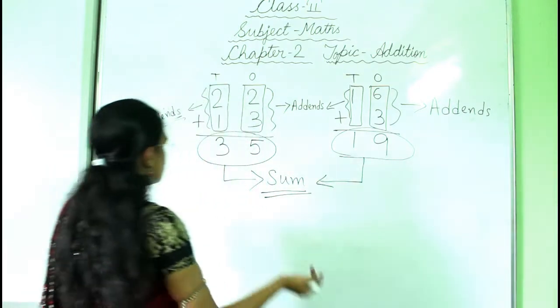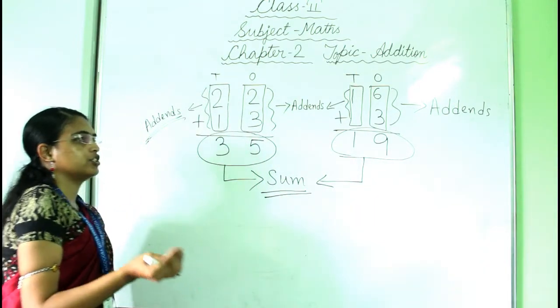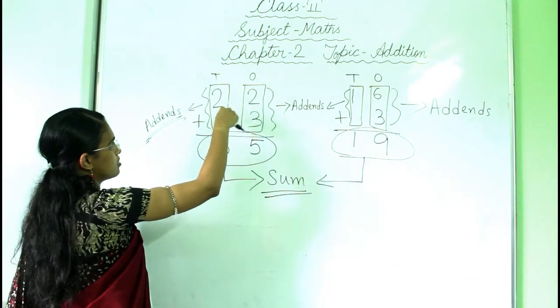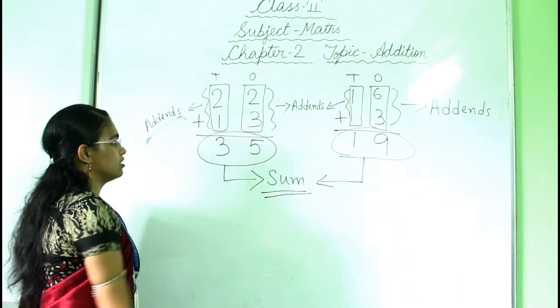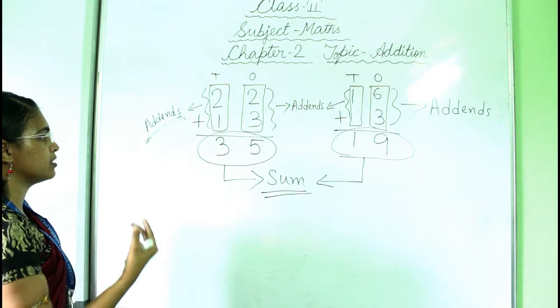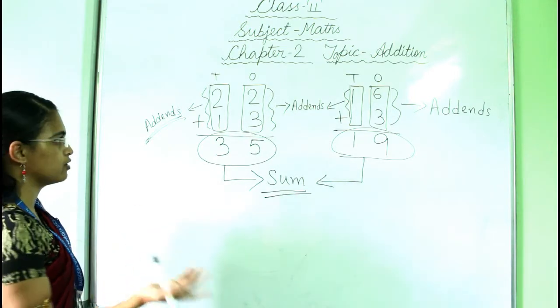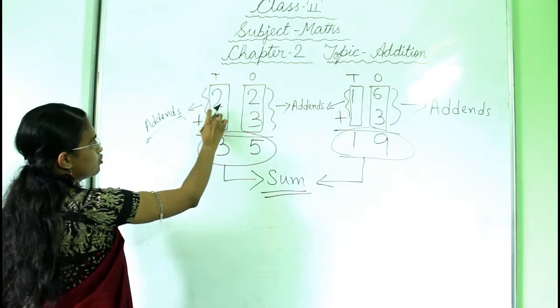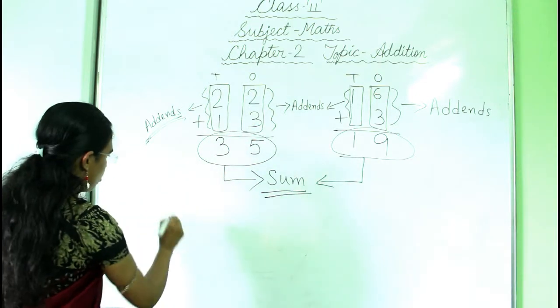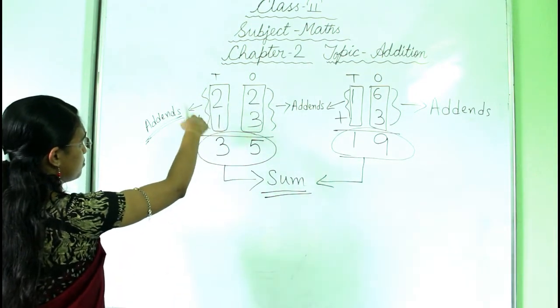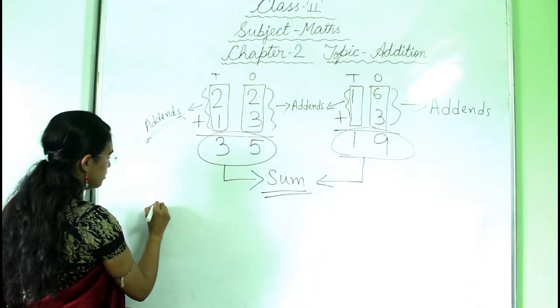Now if you interchange the addends, will the answer remain the same, or will it be different? Let's check. Here it is 22 plus 13. Now if we change the position of the addends, what will happen?